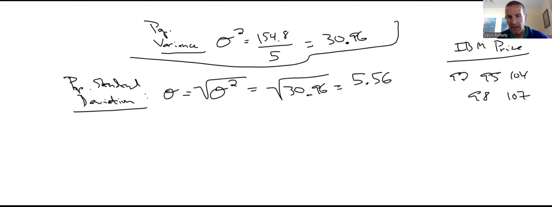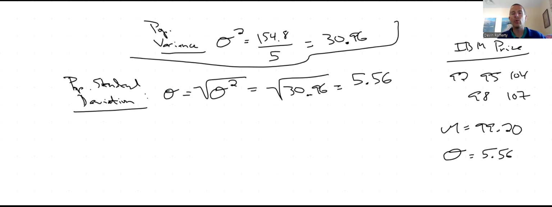This is telling us that the center of this data is located at $99.20. On average, the true actual mean of IBM stock price on Monday through Friday was $99.20, and it had a standard deviation of $5.56.